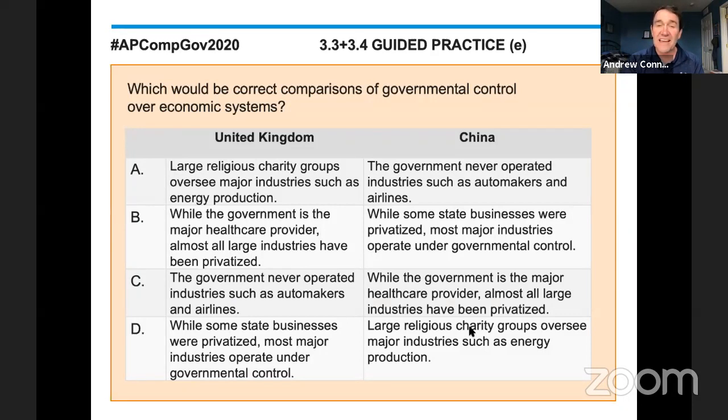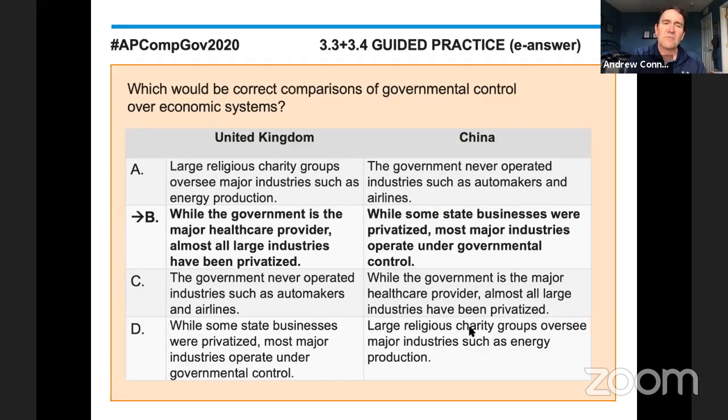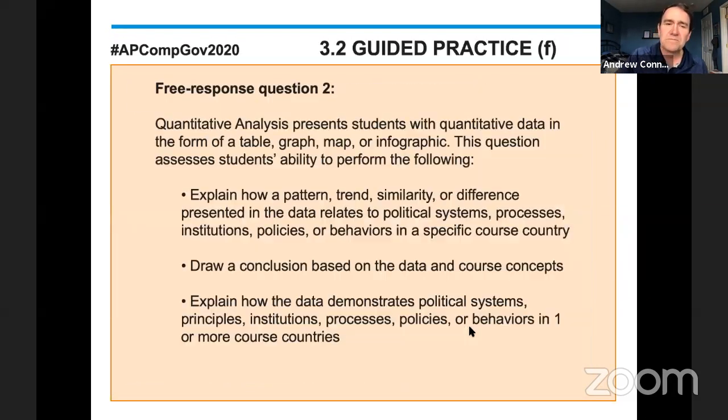Again, this is not a history class, but in some cases, if you know some historical examples, it can make some of these concepts a lot more understandable, including this one, in which case in the United Kingdom, government still provides healthcare with the National Health Service, but almost all large industries have been privatized. But you see the government in China much more influential in controlling major industries.